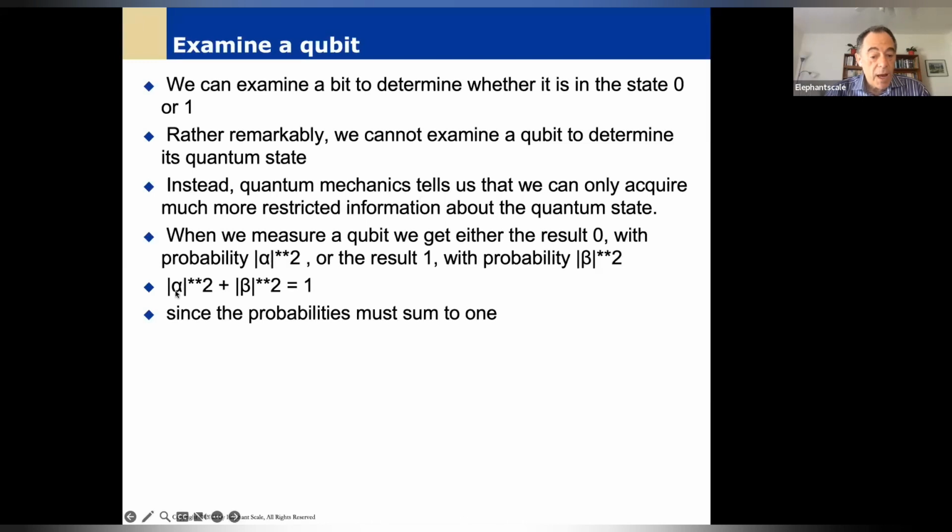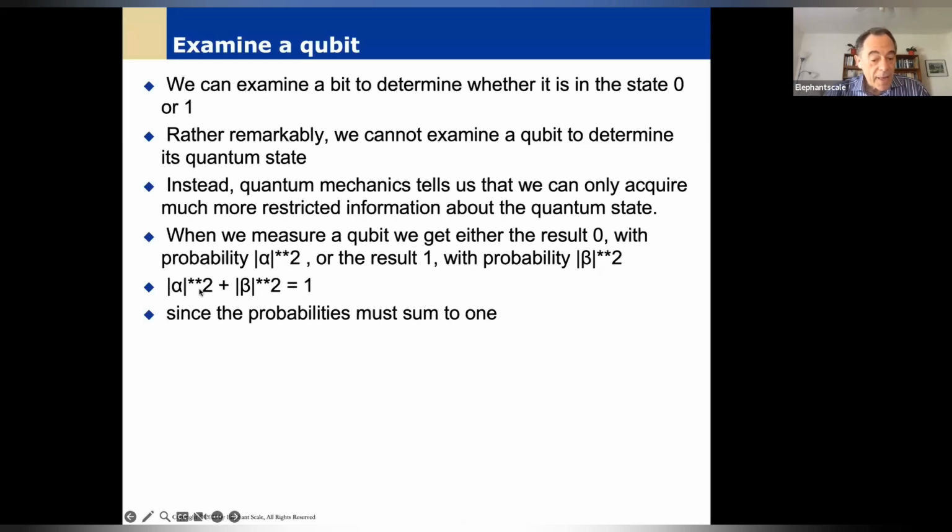We said it's alpha and beta, and since these are probabilities, a probability of that being 0, a probability of that being 1, then they should come together and be 1, right? There is a probability of one state, probability of state number 2, and together that should be 1.